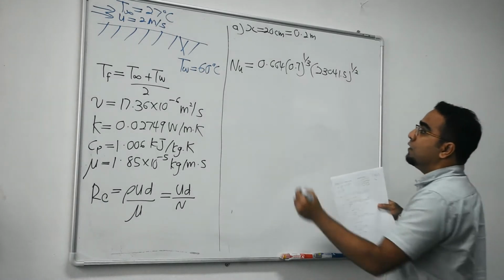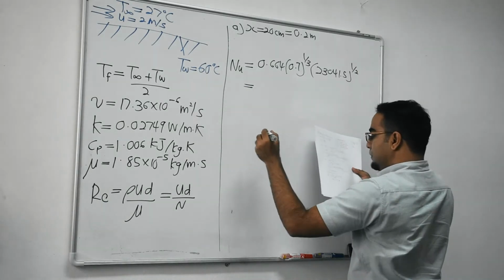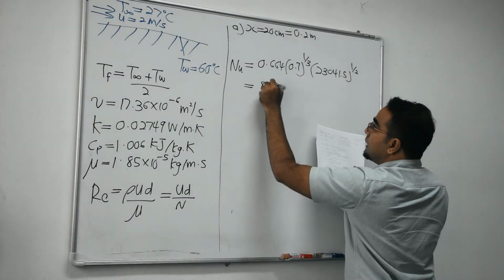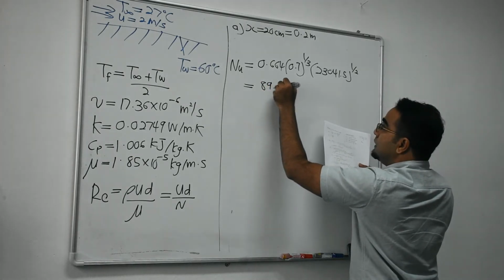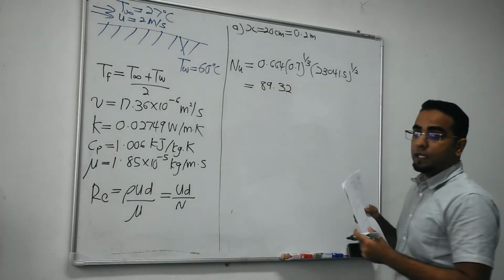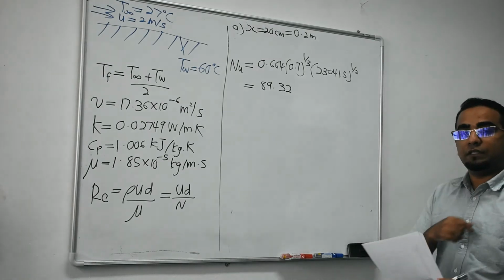So you get a value of Nusselt number equal to 89.32. So again, Nusselt number is also a dimensionless number.